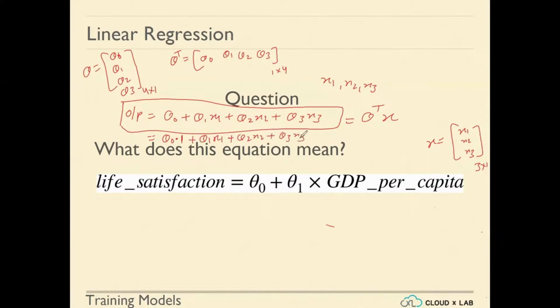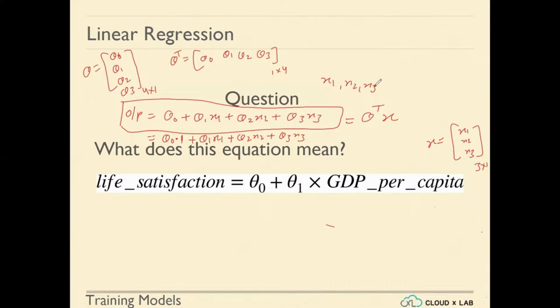So if you use this notation, I can append 1 here, so that I can perform the dot product between theta and x, right? Because the problem is the size of theta is 1 more than the size of the input vector x.